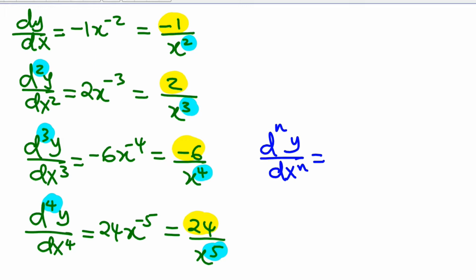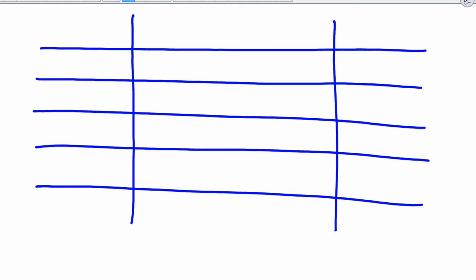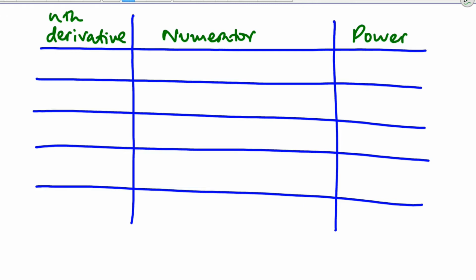So what I'm going to do next is put all this information in a table. On the first column, I'll have the nth derivative. On the second column, I'll have the numerator. And then here I'll have the power of x.